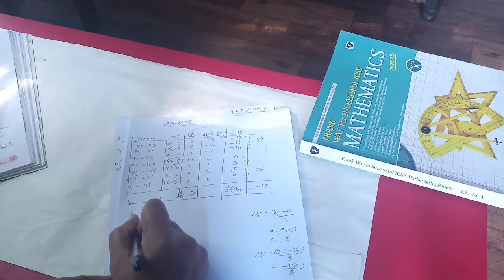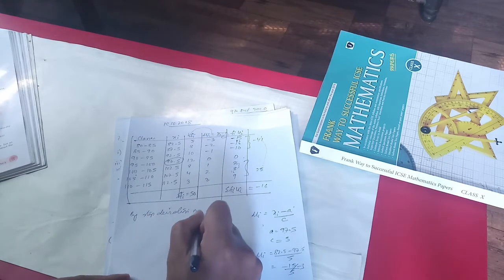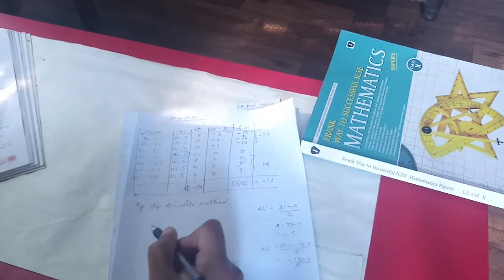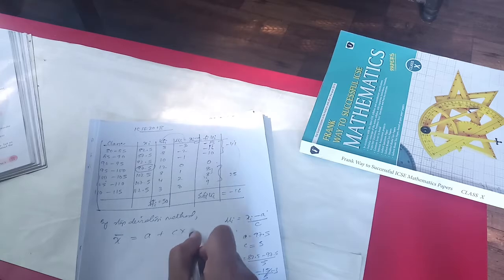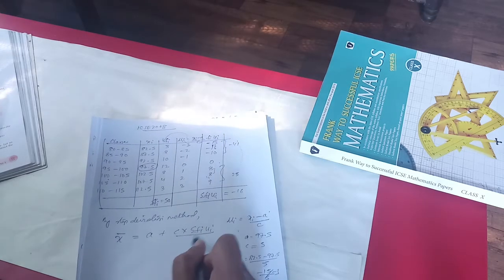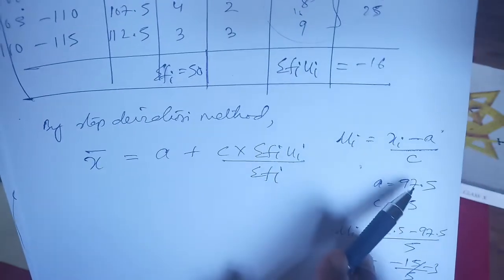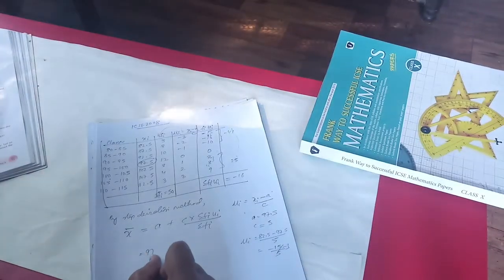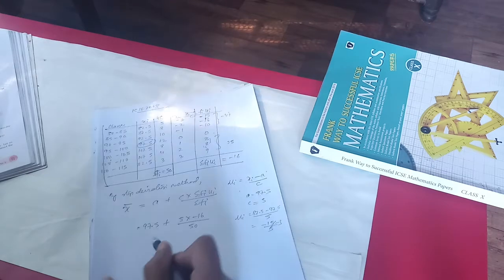Now by step deviation method, what is the formula of the mean? Mean is always written as x bar. Can you recall that formula? Yes, A plus C into summation Fi Ui divided by summation Fi. Now in place of A you substitute 97.5. C you got is 5. Summation Fi Ui you got minus 16. Summation Fi is 50.